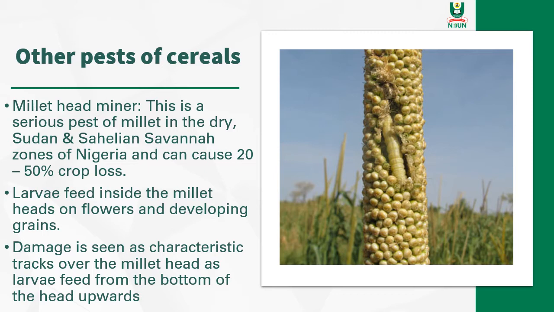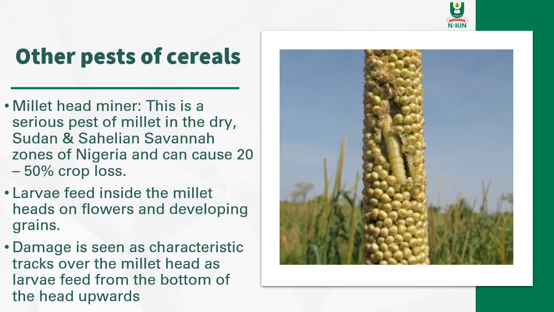You can see it in the picture here, inside the millet head. That is how they usually attack the millet crop. The head miner is the larvae of this insect, and it is usually very, very dangerous.